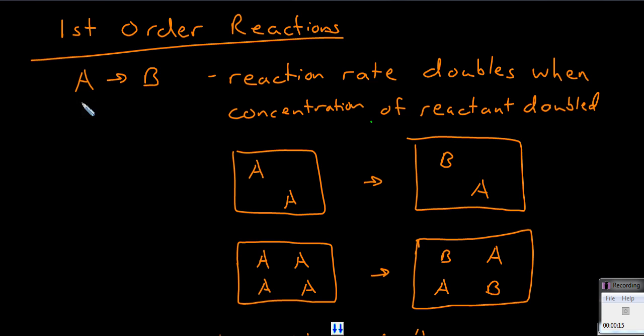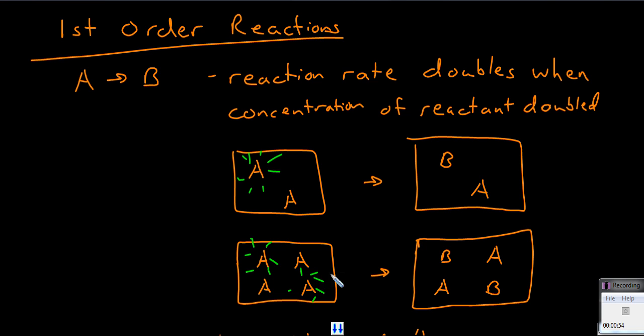So let's say that for a given reaction, A turns into B. In a given moment, half of your A's will spontaneously react into B's. If you were to have twice as many A's, then you would have twice the rate of the reaction, twice as many A's reacting, but still you would only have half of your A's reacting in that given amount of time.